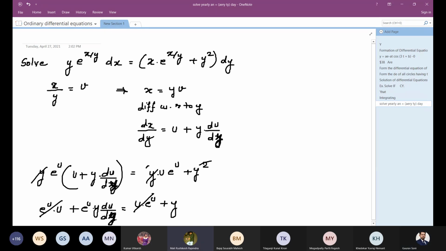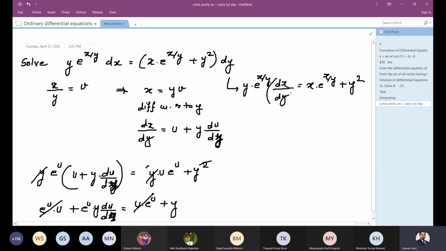Yes, what you did in the left hand side in the first step, after y into e raised to power u, in the bracket, this differential equation I can write as y e to the power x by y dx by dy is equal to x e to the power x by y plus y square. So I have put the value of dx by dy from this equation. Okay. Okay, sir. Thank you.